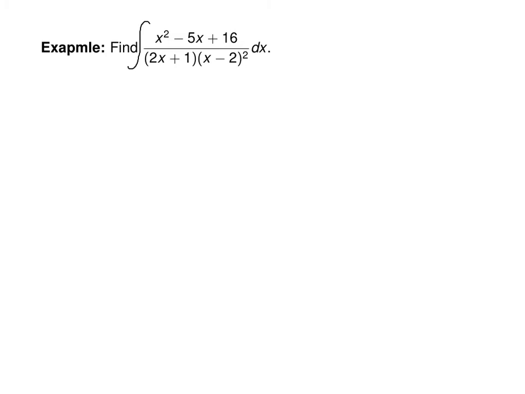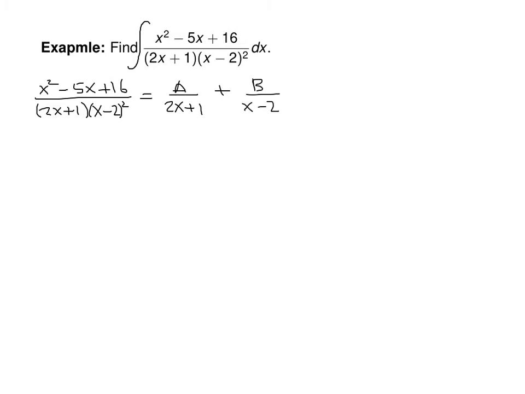So x squared minus 5x plus 16 over 2x plus 1 times x minus 2 squared is equal to a over 2x plus 1 plus b over a singular x minus 2, and then plus c over a factor denominator of x minus 2 squared.